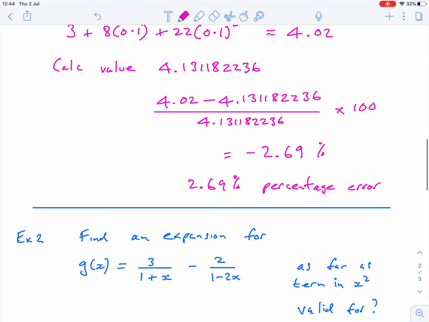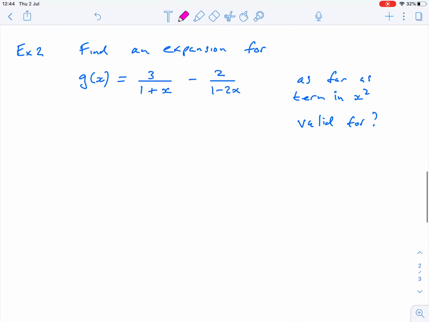Now a second example. Find an expression for 3 over (1 plus x) minus 2 over (1 minus 2x), an expansion for that as far as x squared, and state what it's valid for. So this time I'm going to keep them separate to start with. 3 times (1 plus x) to the power minus 1 is approximately equal to 3 times (1 plus nx, which is 1 minus x.